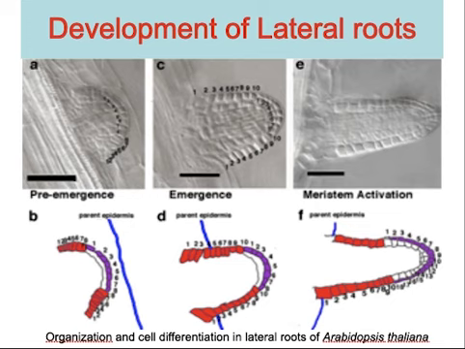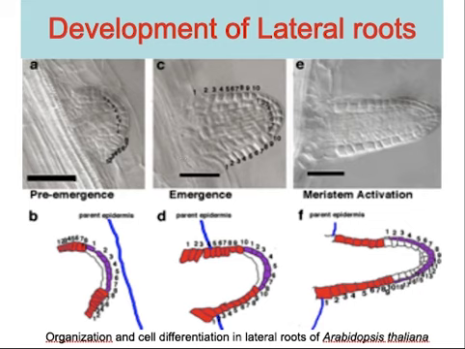Expression from cell type specific marker lines was used to identify the cell types in the developing primordium. Gene expression analysis of the expression patterns and cell division patterns reveals that a remarkable amount of organization and cell differentiation occurs at very early stages of lateral root primordium development, with differential gene expression appearing after the first set of divisions of the pericycle.